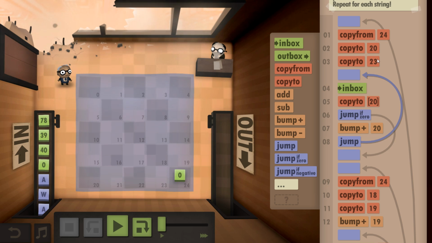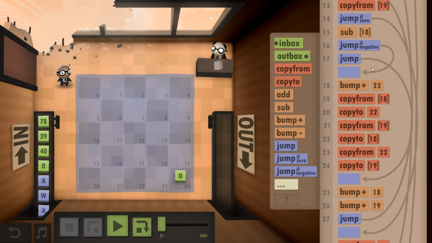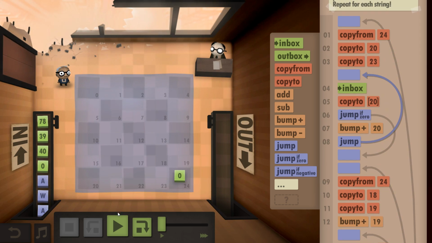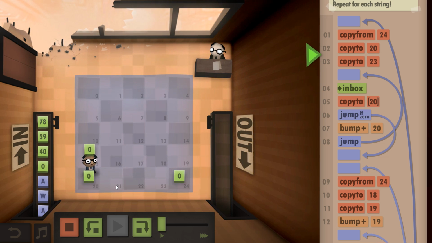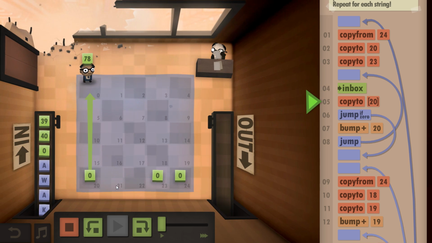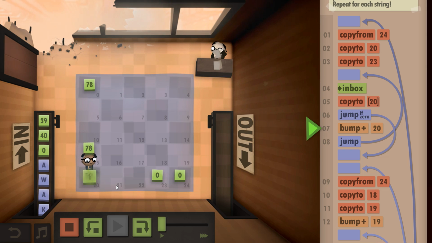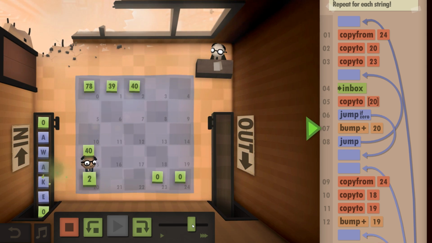Yeah, that makes sense. And I need another counter for something. I don't remember what. Let's just let it run and see. I don't remember the details of this. Yeah, that's good. I understand that part.